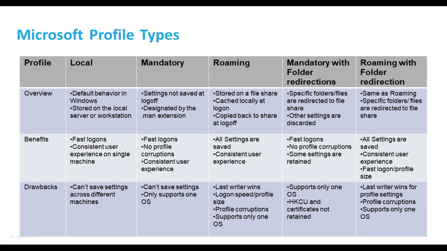However, there are some major drawbacks with roaming profiles. We have the issue of the last writer wins. So what happens there is if I have two server operating systems publishing different applications of the same type, they're going to use that same Windows profile. So if I make a change, like I change the background color and log out of the first session, it's going to write that back up to the file server.